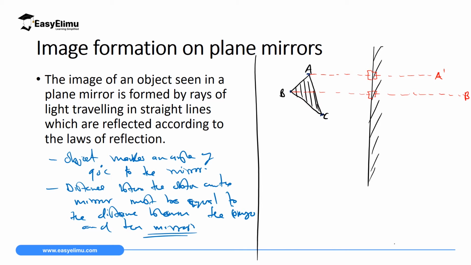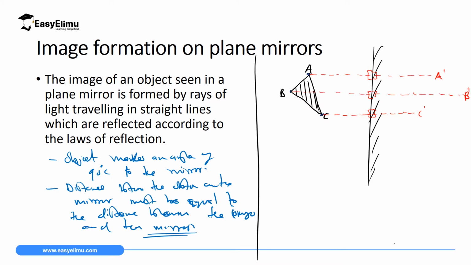Then we have point C, which is the shortest distance in this case. However, it also makes 90 degrees to the mirror, and behind the mirror, the same distance and 90 degrees like that. So here, this will be our C prime.